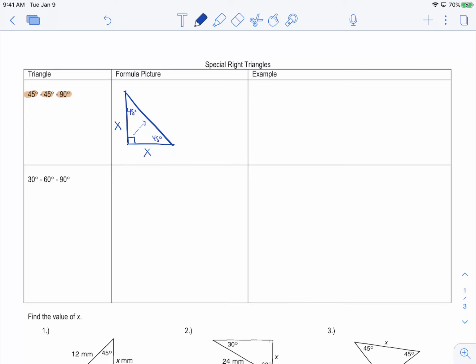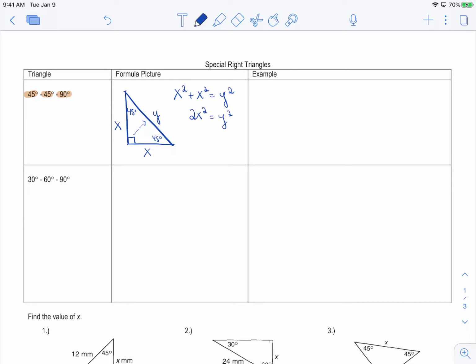So I don't know what that is, so I'm going to label it y, just something else. It can't be x. And if I use Pythagorean theorem, x squared plus x squared equals y squared. And let's isolate the y. So I have an x squared plus another x squared, so I have 2x squared.